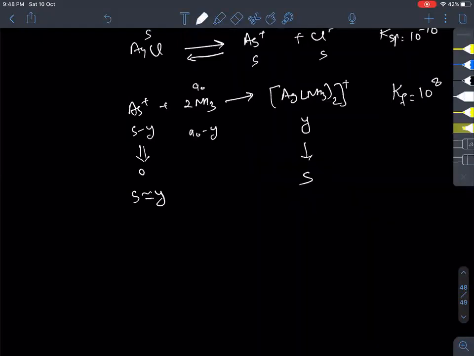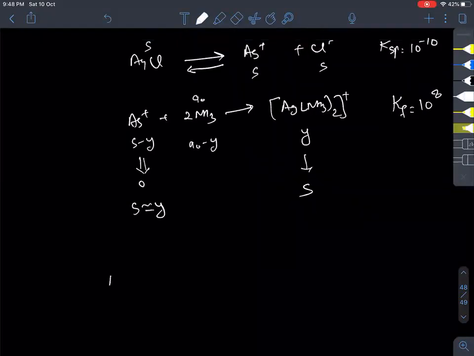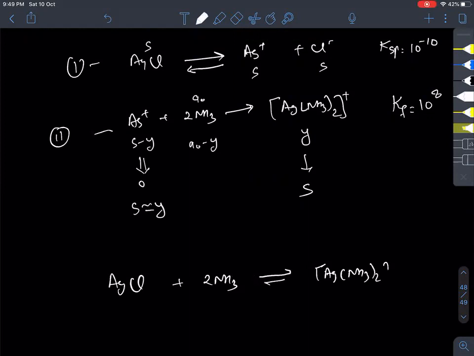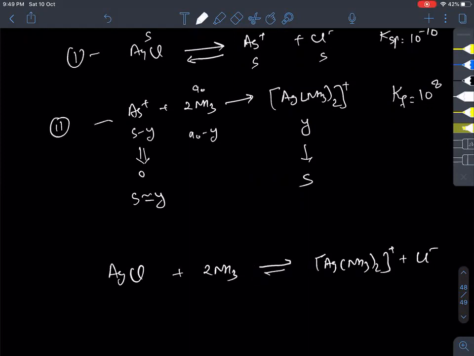Now how will it help us? So now you can write by adding those two equations. I mean, if you add this equation 1 and this equation 2, then AgCl plus 2 ammonia will form Ag(NH3) whole twice plus Cl minus. And the good thing is, what is the concentration? It will be S. What is the concentration of the complex?